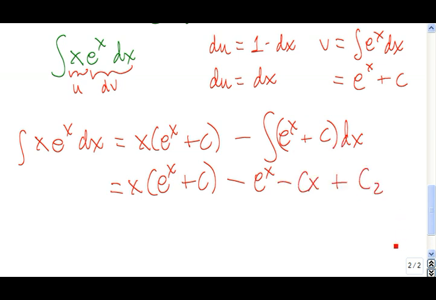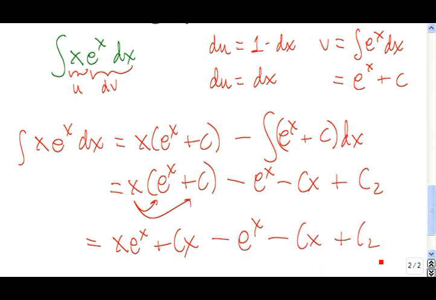Then plus some other constant of integration, c2. If I now distribute this x, I get x e to the x plus c times x. So what you see, no pun intended there, is that the cx cancels. So if we include a plus c when we find v, everything that is associated with that is going to cancel in the end anyway, so why bother?